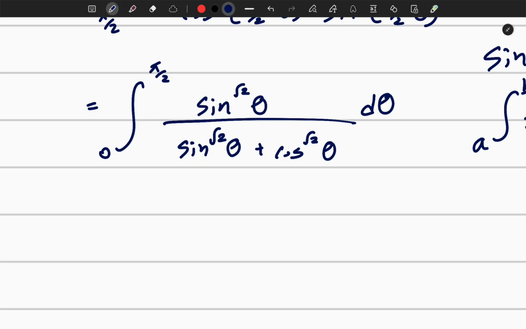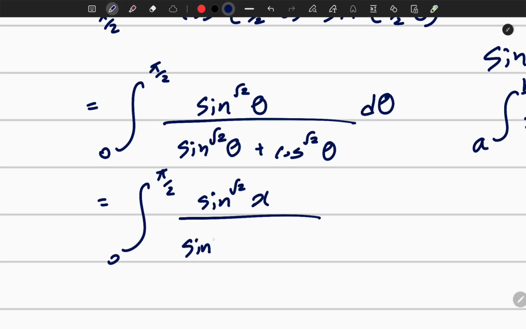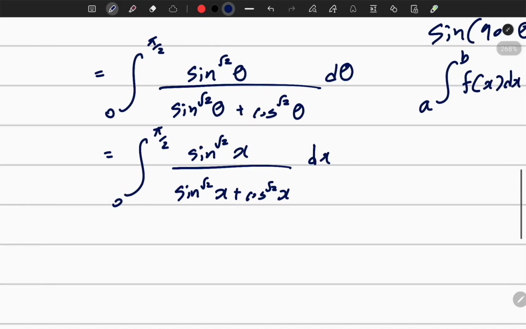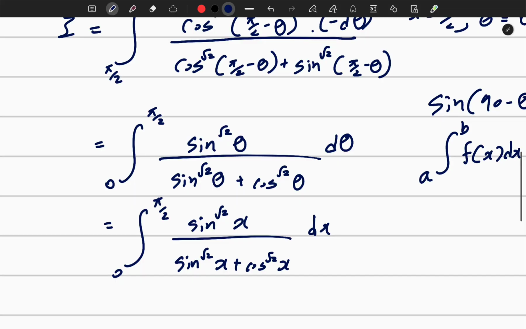So I can write this as the integral from 0 to 90 of sine root 2x over sine root 2x plus cos root 2x dx, because the value of this integral is just a constant, so the answer doesn't depend on the variable.